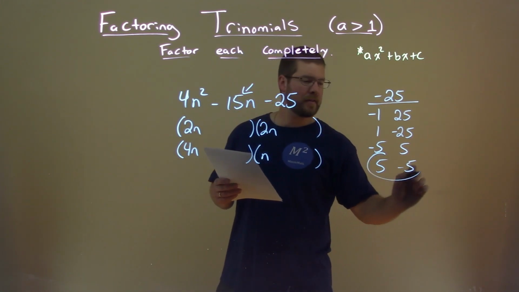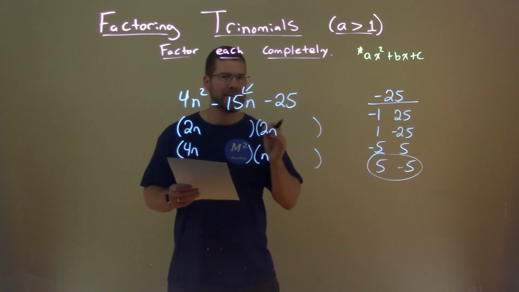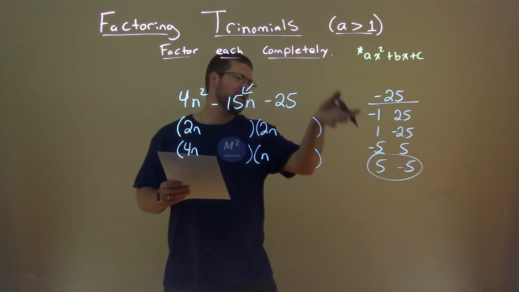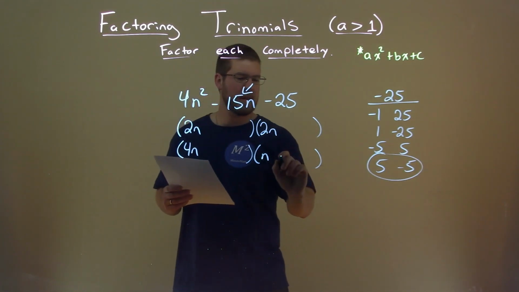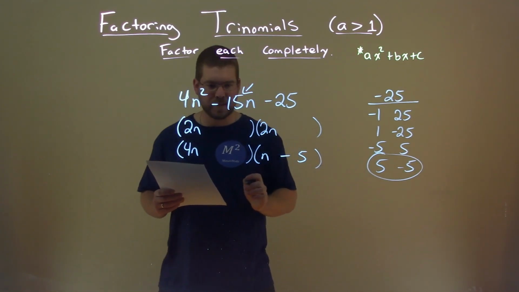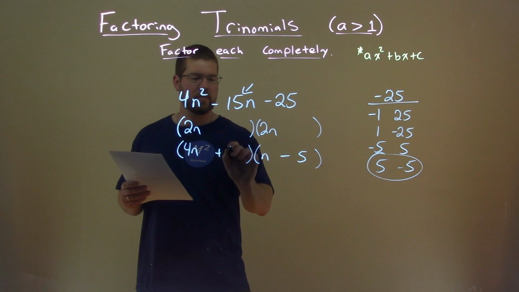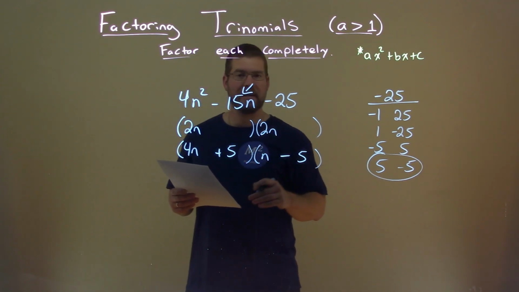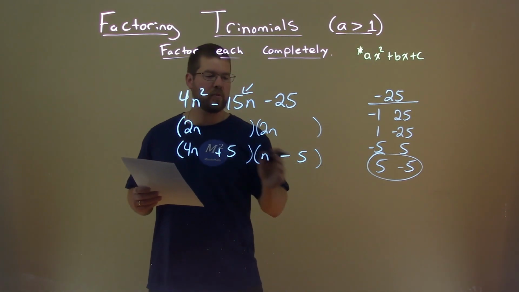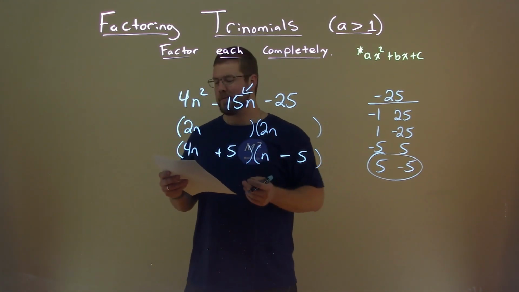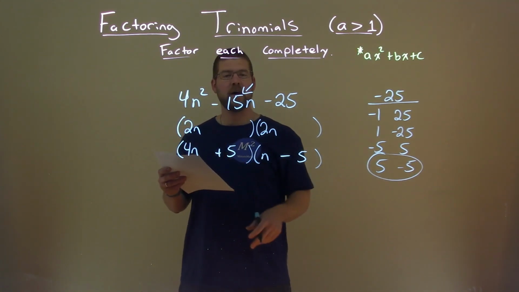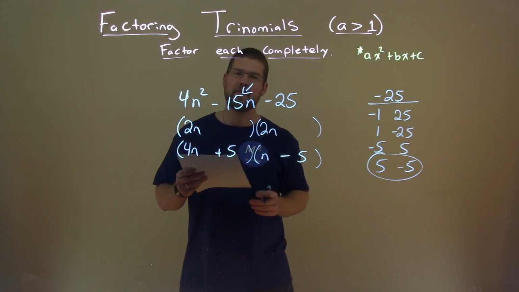With practice, you can guesstimate which one's the best choice. So 4n times a negative 5 is a negative 20n. And then if we put a positive 5 right here, 5 times n is 5n. So negative 20n plus 5n gets us a negative 15n. And there we have our final answer, 4n plus 5 times n minus 5.